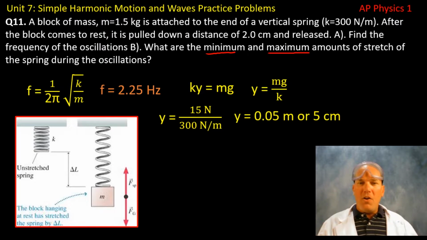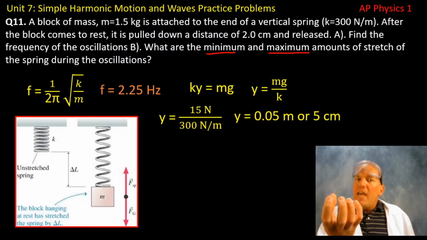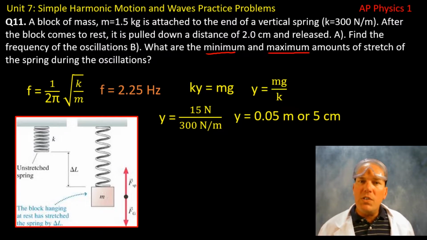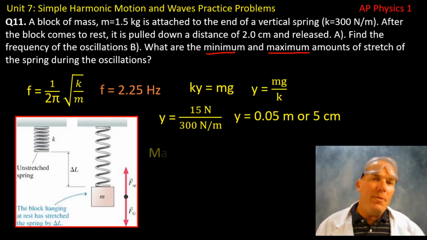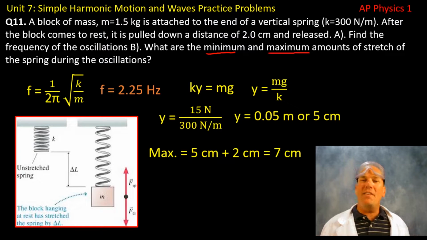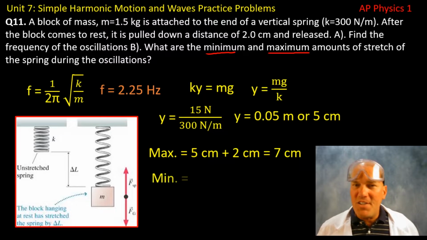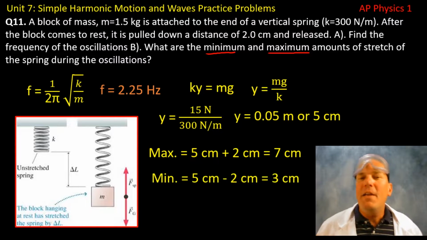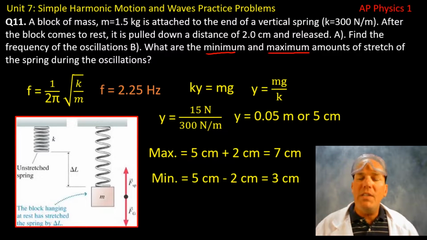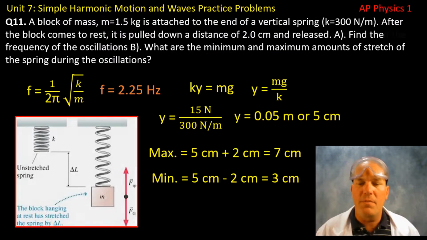Recall in this question, from equilibrium, it is pulled down an additional 2 centimeters. Well, 5 plus 2 gives you your maximum of 7 centimeters for the extension, and for the compression, when it goes the other way up, 5 minus 2 is 3 centimeters for the minimum amount of stretch.